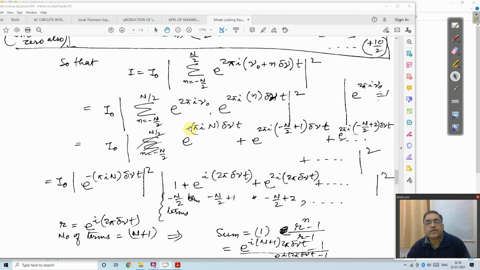Now simplifying this, so already this is equal to 1, and when we keep the value of n here, n is equal to N plus 1 by 2.